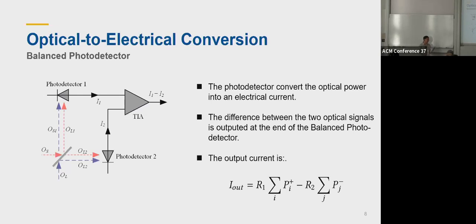When the intensity of the beam changes, the difference between the two beams causes the photodetector to become unbalanced and output the net signal at the end of the BPD. And any imbalance between the input beams detected by the BPD is amplified and output as a received signal. The output current is as in this equation, where P positive is the optical power of the positive signal and P negative is the power of the negative signal.